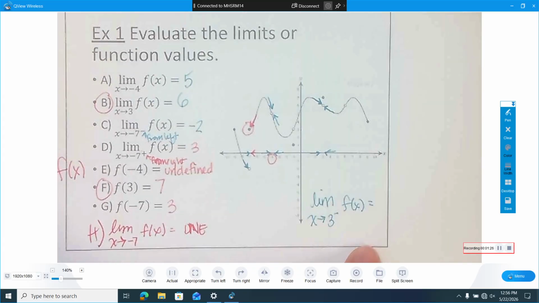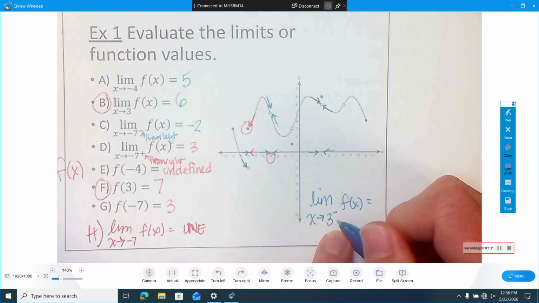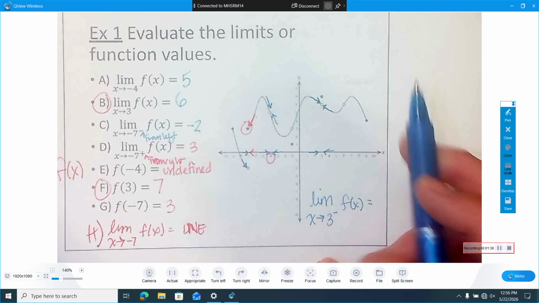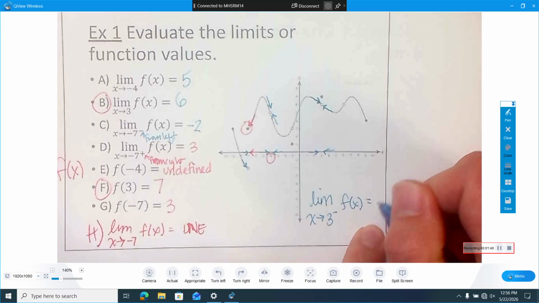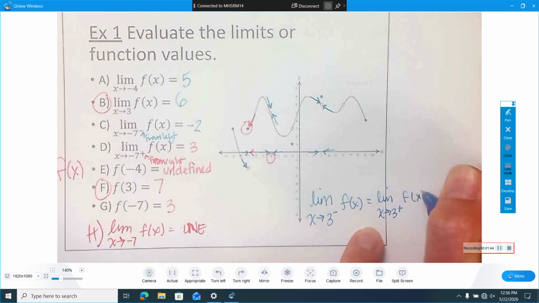Okay, cool. So the limit of this function as x approaches from the left, remember that's what that little negative sign up there means, on the left side of the function, has to equal the limit as we approach from the right.